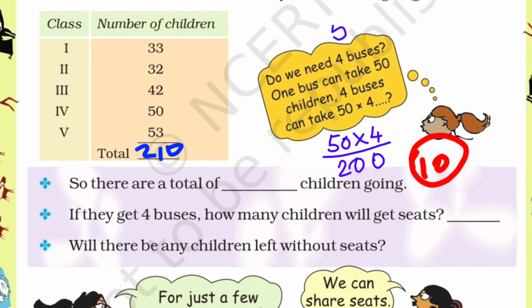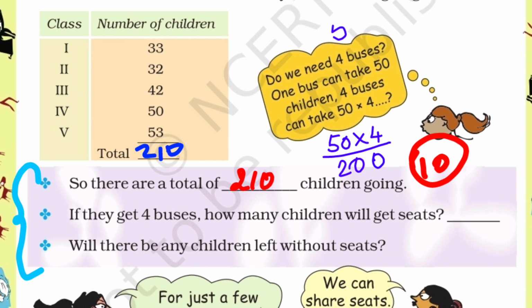Okay. So we have questions and answers based on this bus calculation. Let's see the first question. There are a total of dash children going. So total number of students is 210. The second question: if they get 4 buses, how many children will get seats?